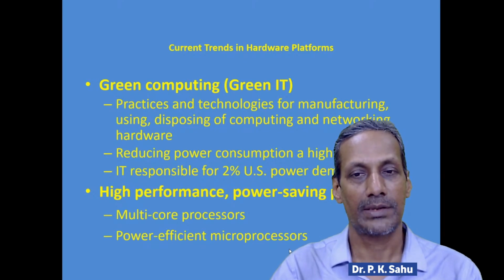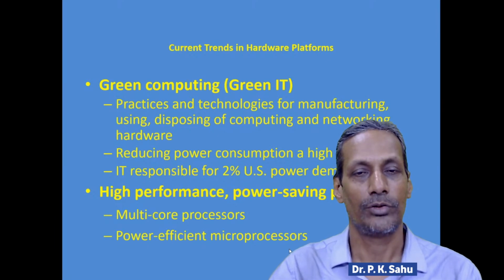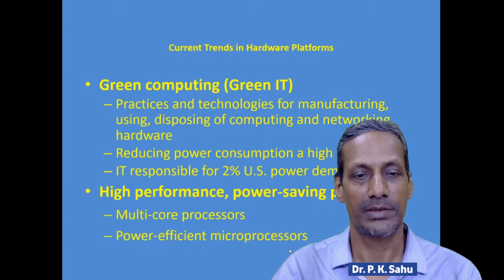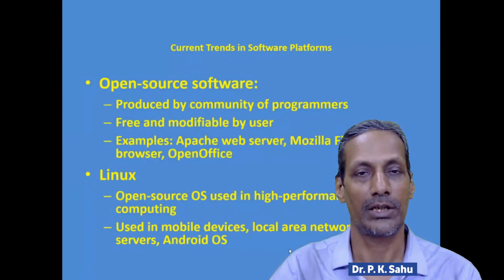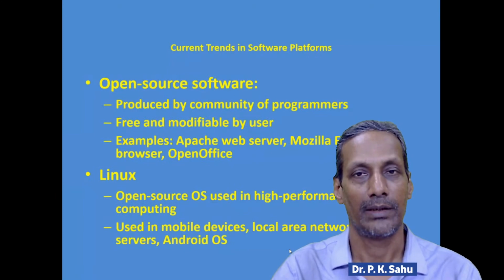High performance power saving processors also have come up. Today you have access to multi-core processors, power efficient microprocessors to be used in computing devices. There has also been a paradigm shift from the traditional application softwares to software platforms which use the idea of open source.